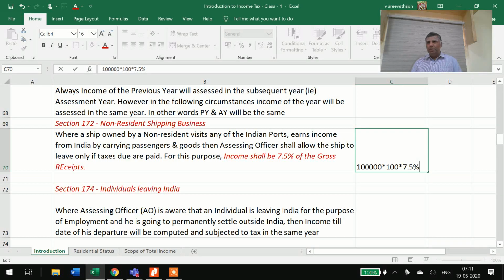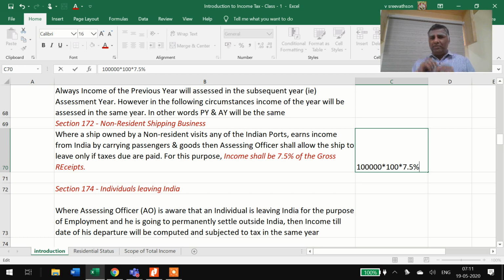So friends, at this juncture, if I look back, we have just understood the 4 things of where are we, what we are going to study: Act, rules, notifications and circulars, and popular judgments. We have also understood to an extent who is a person.